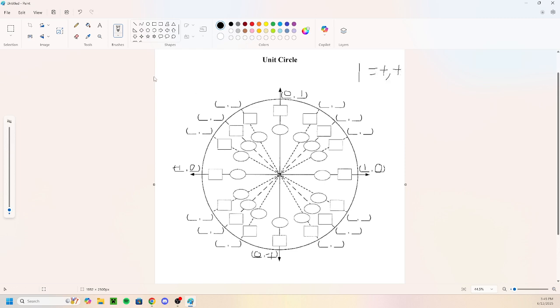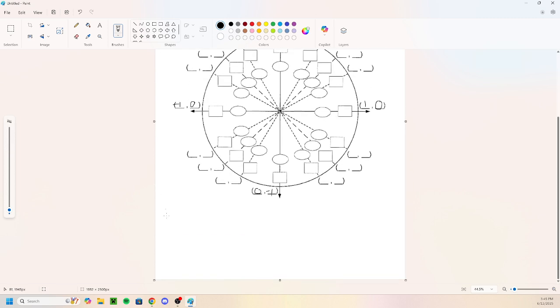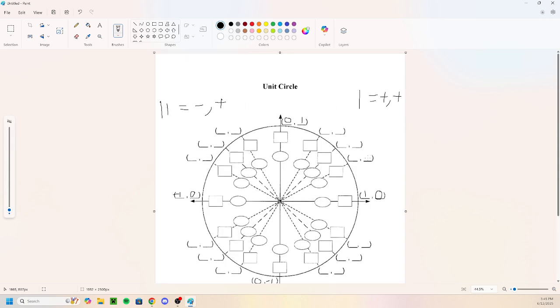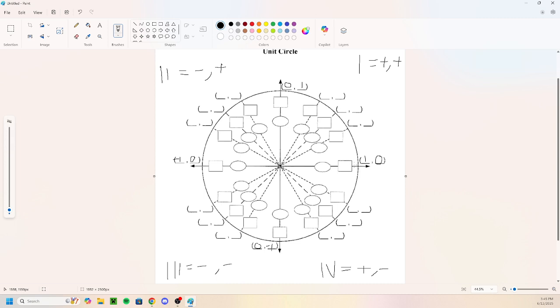This one's quadrant number 2, and this one is negative, comma positive. Your quadrant number 3 is negative, comma negative, and your quadrant 4 is a positive, negative. All right, so just remember that because that will apply to your pattern after.